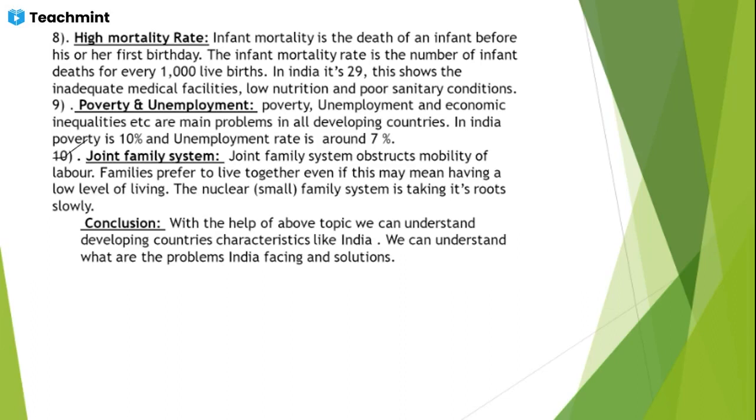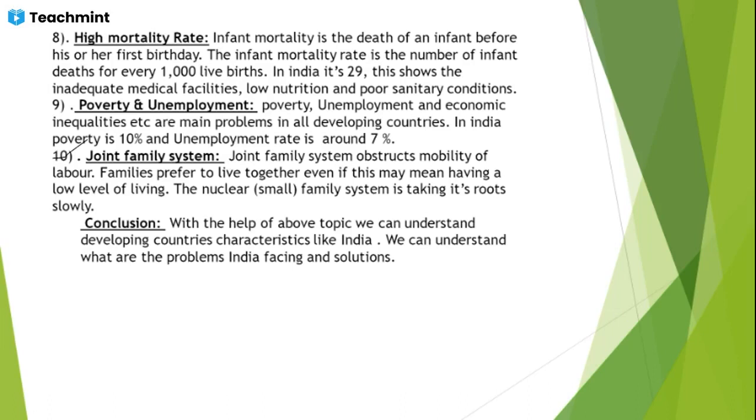Families prefer to live together even if this may mean a low level of living. Even if they have low salaries, they prefer to live together. But nowadays the nuclear family system is slowly taking root. Nuclear families means small families, and nowadays small families are increasing. So these are the 10 characteristics we have to write.